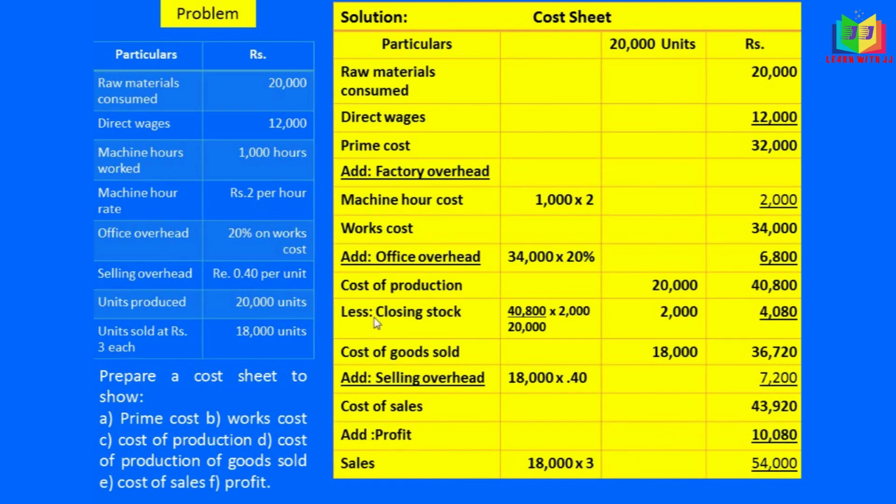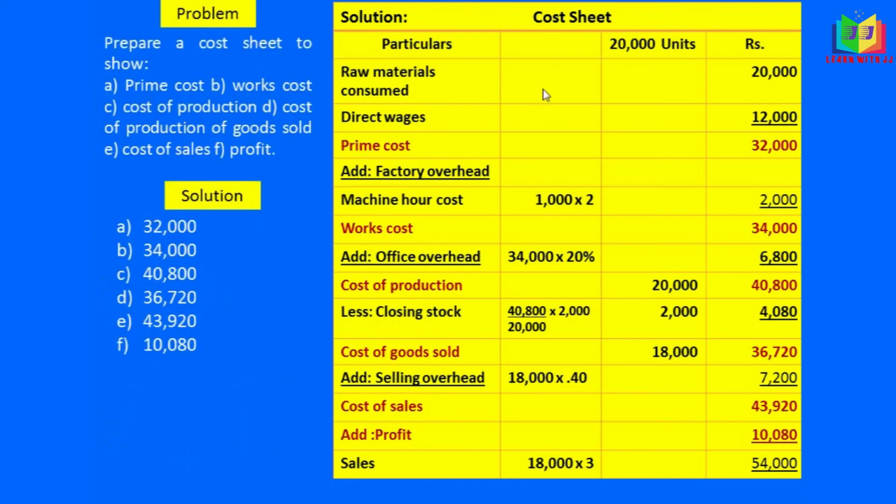And now we have the questions. Prepare a cost sheet to show prime cost. For prime cost, we have 32,000. The next one is work cost. Work cost is 34,000. Cost of production is 40,800.